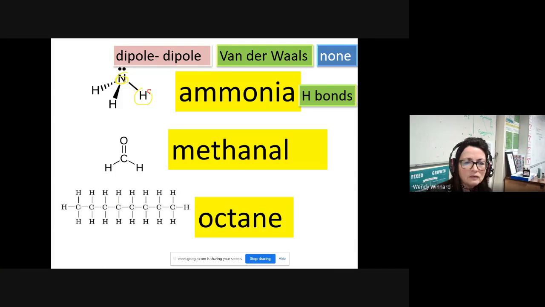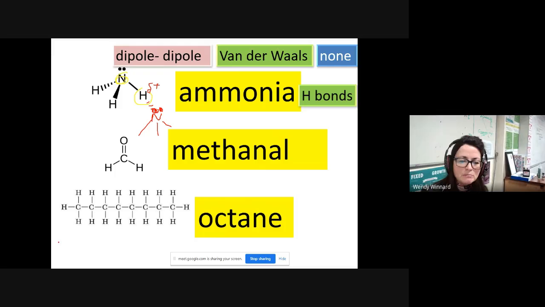And therefore, it would embed itself in the lone pair of a neighboring nitrogen atom on another ammonia molecule. So there it is. So hydrogen embeds itself in that lone pair of a neighboring ammonia molecule on the nitrogen atom. So that's hydrogen bonding.